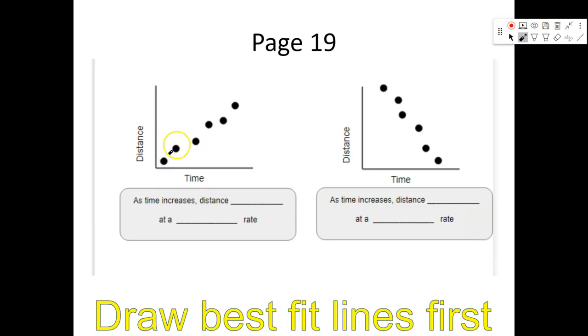Now, the first thing you'll notice is that they're not on a perfect straight line, and this happens a lot in science. And the reason this happens is because there are errors that we make when we collect data often. So in science, there are errors or mistakes in collecting data.